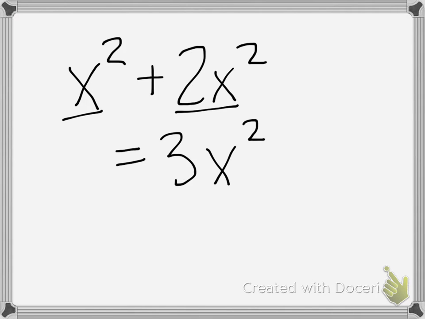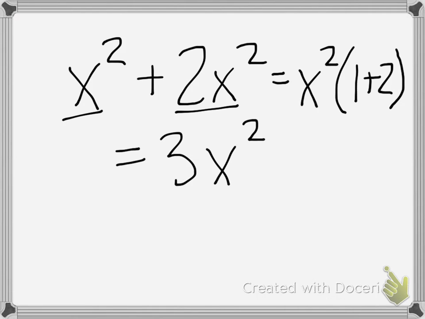If I want, I can think of this initial statement as x squared times 1 plus 2. That is, I can pull an x squared out of each of those terms, then I just have 3x squared. But you can also just think of yourself as having 1 and then adding 2 more. I have 3x squareds.